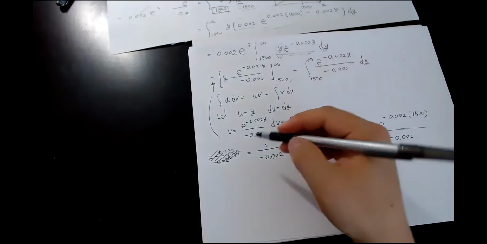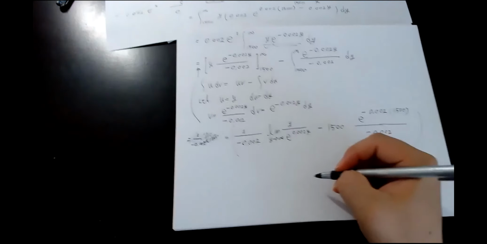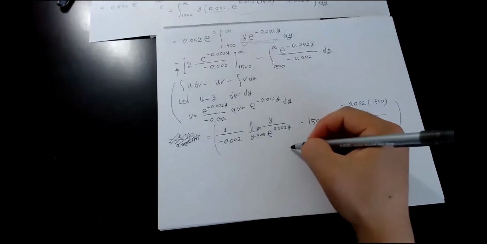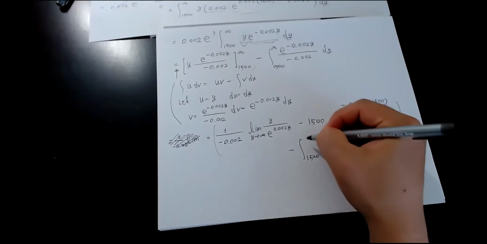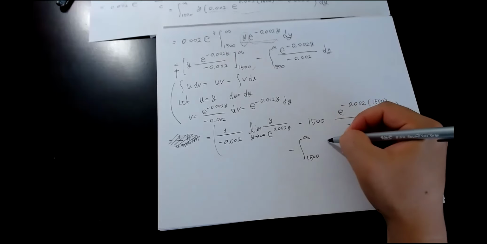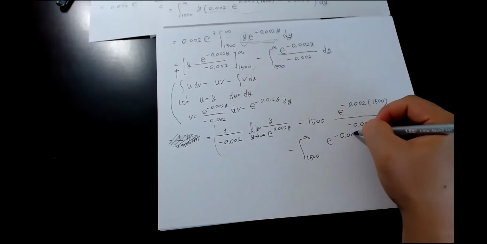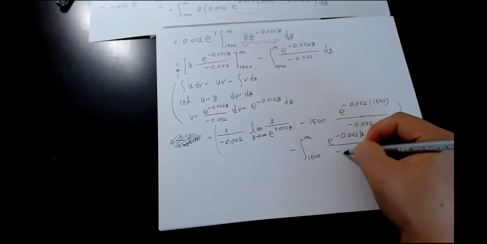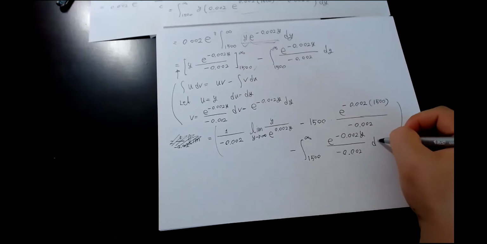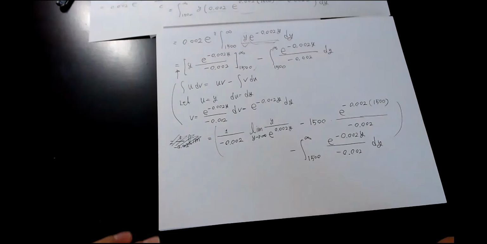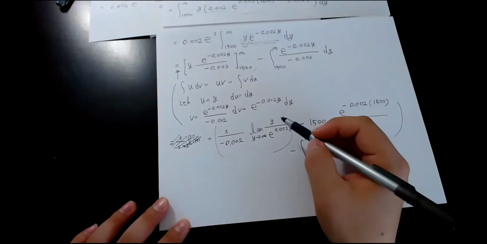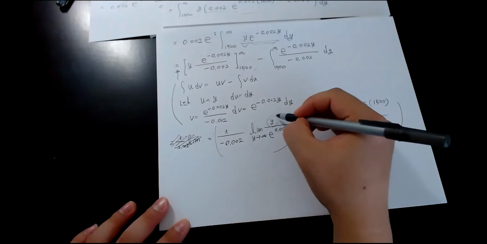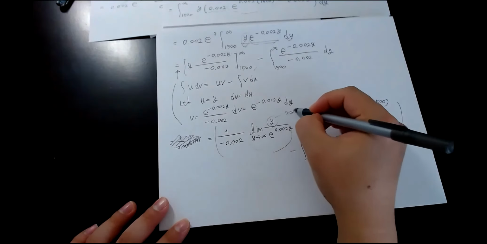Okay, that's just the first term, and then minus the integral from 1500 to infinity of e to the minus 0.002y over minus 0.002, dy. So what is this? As y approaches infinity, the numerator approaches infinity, and the denominator also approaches infinity, right?